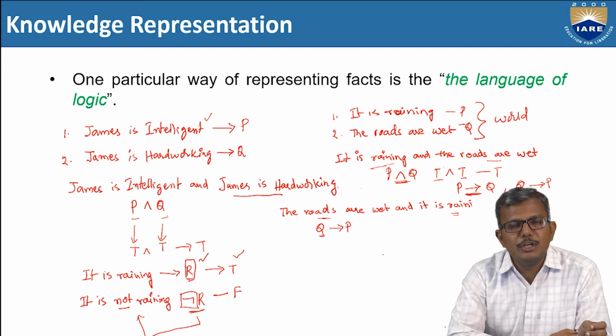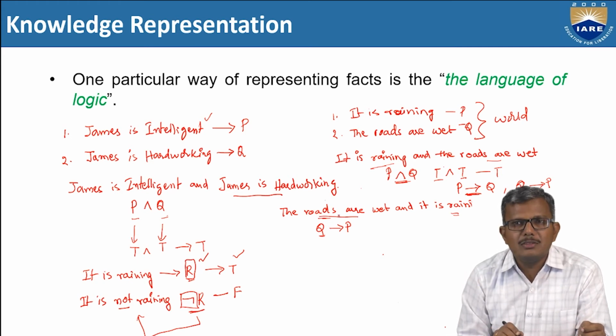But really, is it going to be true? Definitely not, maybe or maybe not. Why? Because there is another chance for wetting of these roads. Roads can be wet because of other reasons, like if somebody is pouring some water on the road, or some sprinklers are used to make the roads wet. There may be some other reasons in this particular case. So I cannot simply say that Q implies P.